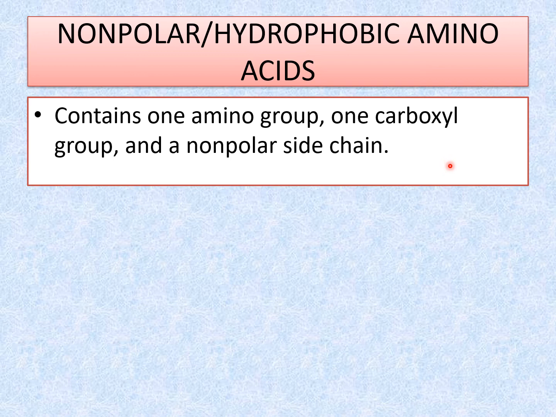What we are going to discuss now will be quite similar to what we've discussed in the previous slides. So take note that nonpolar hydrophobic amino acids contain one amino group, one carboxyl group, and a nonpolar side chain.